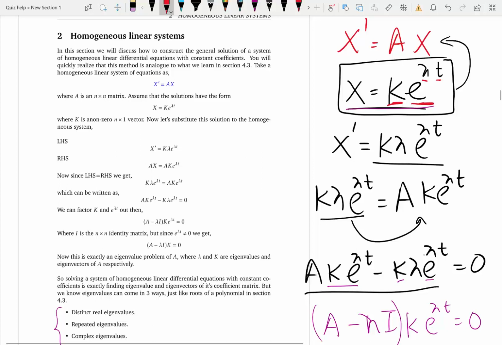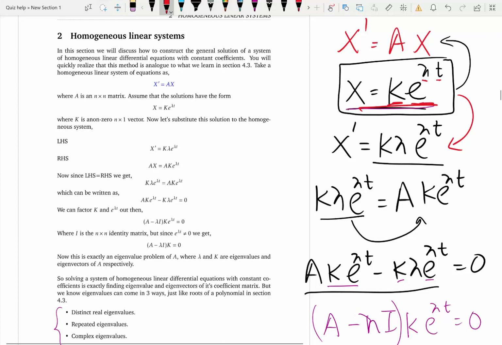Because when you take the derivative, it looks like the original function. Here the same thing. Remember, when you take x prime, k lambda e to the lambda t is the same thing, just different by a constant lambda. Right, lambda is a constant. So again the same idea, this is similar to e to the mx.